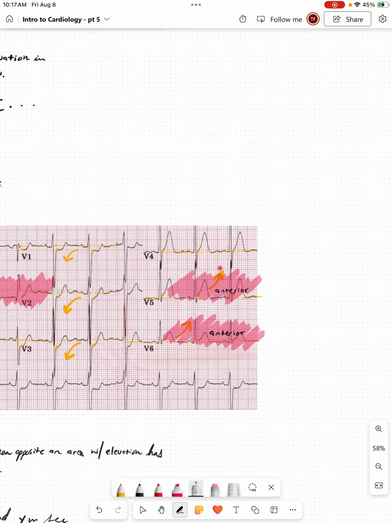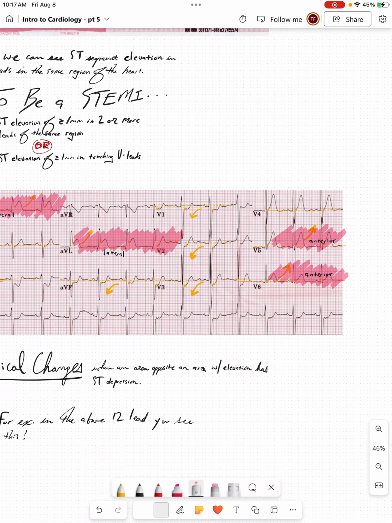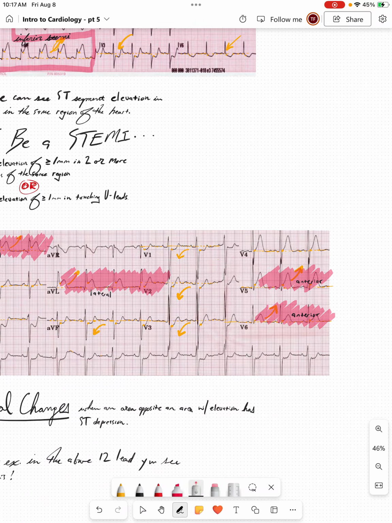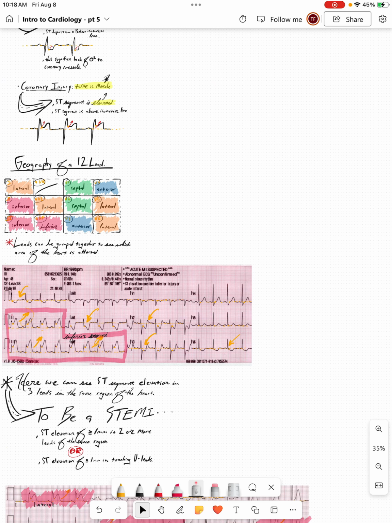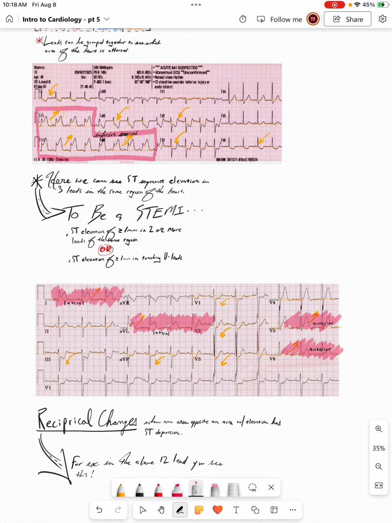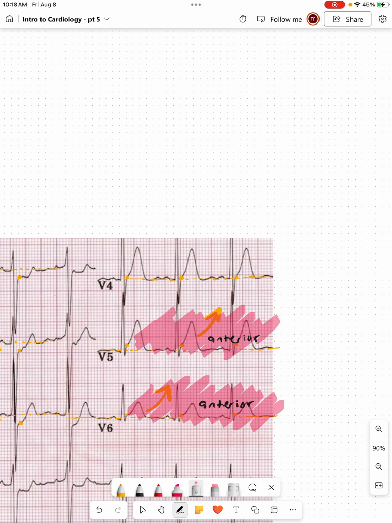The anterior, so what this patient is having is called an anterior lateral STEMI. Now, if this individual had elevation in V4 and V5, it would be referred to as an anterior lateral.